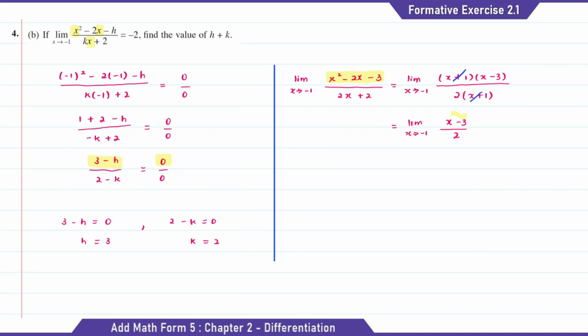As x approaches negative 1, I'm going to substitute the x here with negative 1. So here I'm going to get negative 1 minus 3 over 2. So the answer of this is negative 2. So here we can confirm that h equal to 3 and k equal to 2 are correct. Then the value of h plus k is equal to 3 plus 2, which is equal to 5.